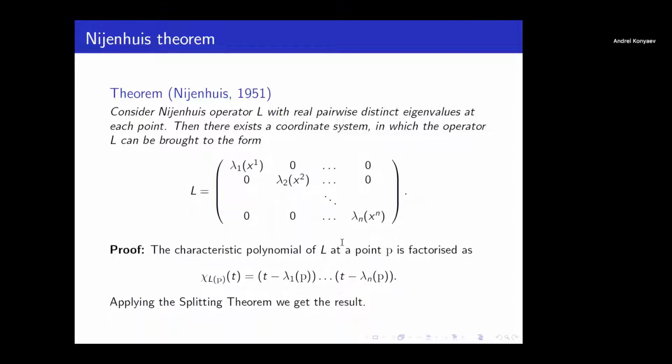Here we have one-dimensional polynomials, so we have splitting into one-dimensional distributions. One-dimensional distributions are always integrable, so we get the theorem. Here it is. This is just the application. You see how easy it was to get the classical theorem from the fundamental splitting theorem. Again, the splitting theorem is important.